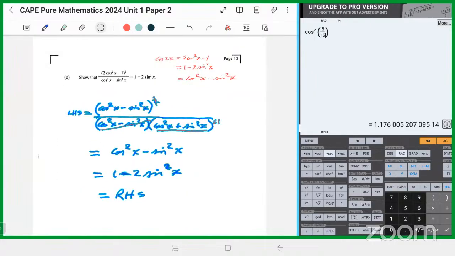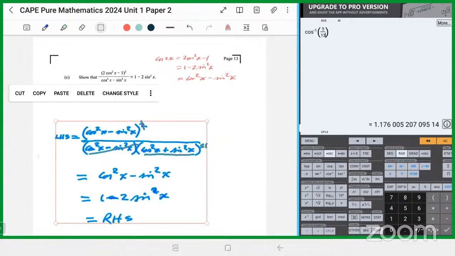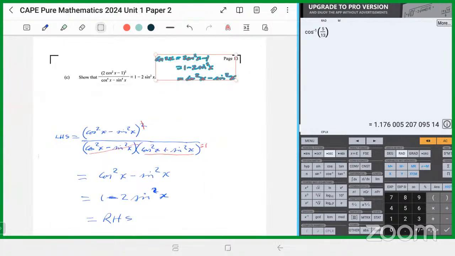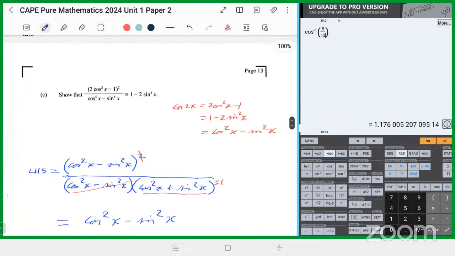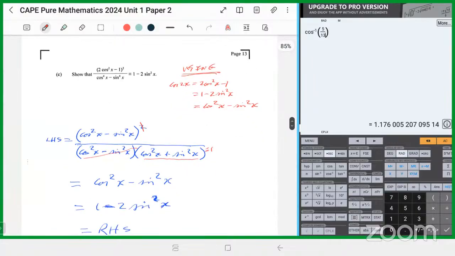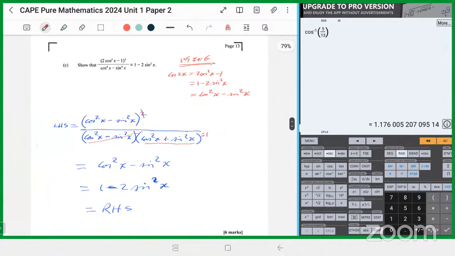So bring this down here. All right, using these identities.